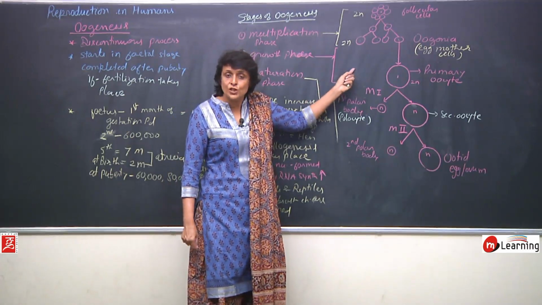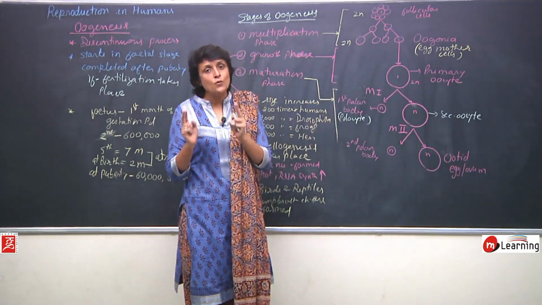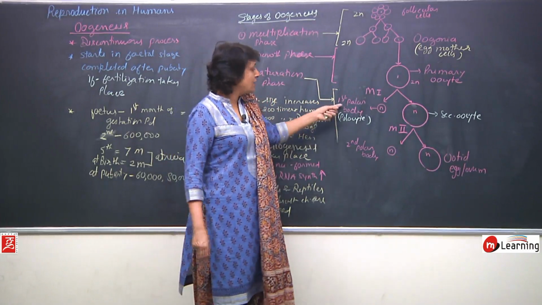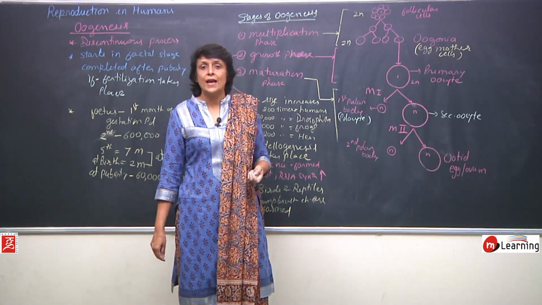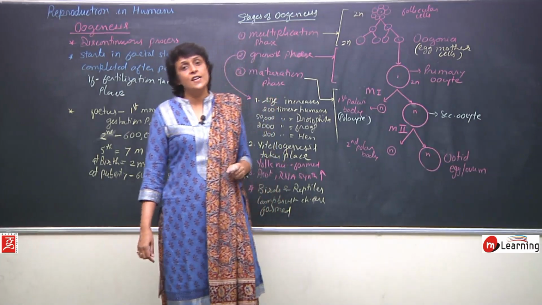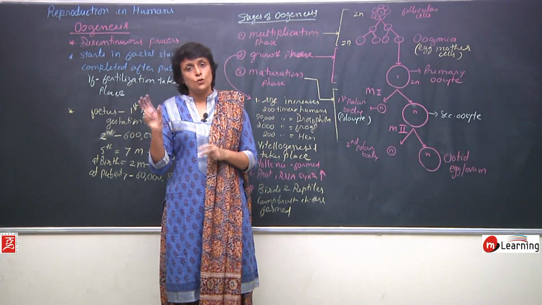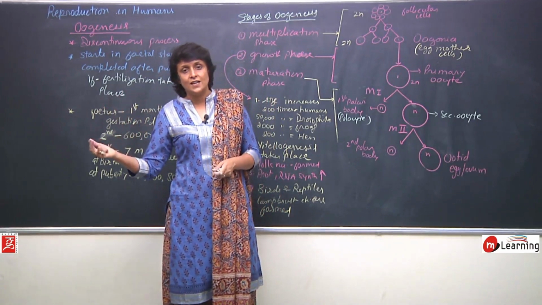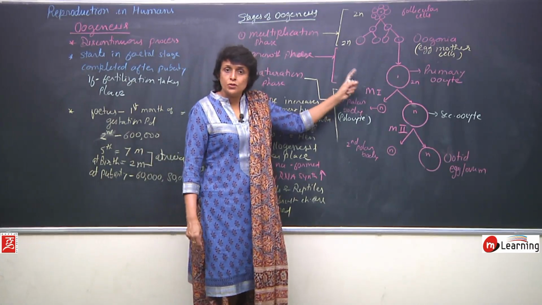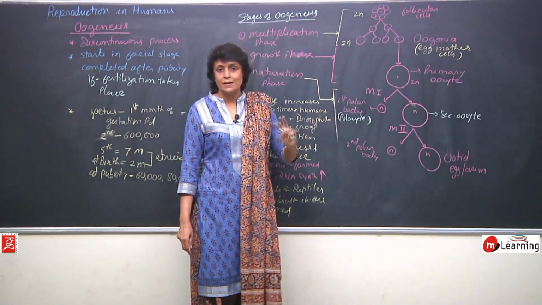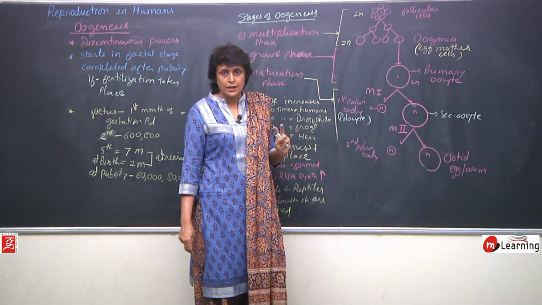Whereas in oogenesis, there is a long phase where maturation is arrested, and that is why it is known as a discontinuous process. So when we wrote in spermatogenesis that it is a continuous process, we said we would discuss it. So oogenesis is discontinuous, spermatogenesis is a continuous process.